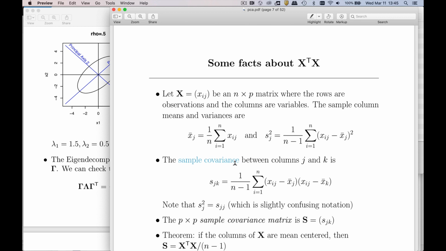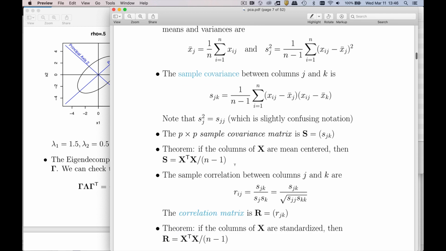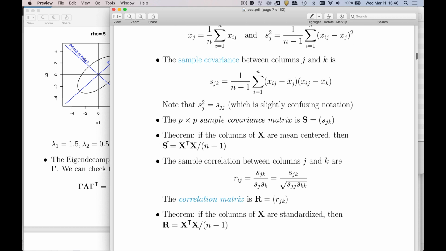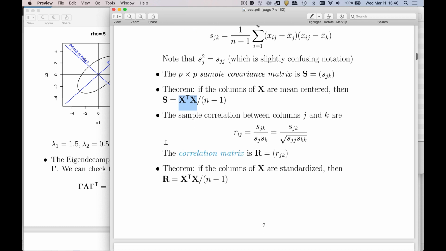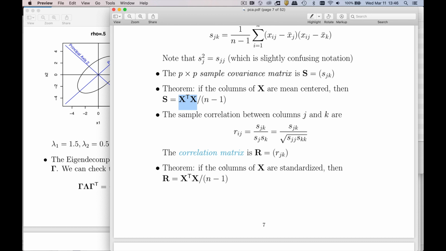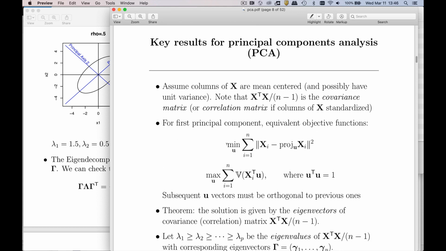If we've mean-centered the columns, then X transpose X divided by the sample size minus 1 gives you the covariance matrix S. And if you standardize your columns, then you get your correlation matrix. So this X transpose X is a very important matrix to us with principal components analysis because we're finding the eigenvalues and the eigenvectors of the correlation or covariance matrix, which is just this X transpose X divided by n minus 1.